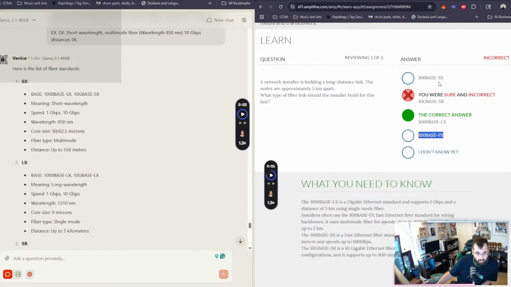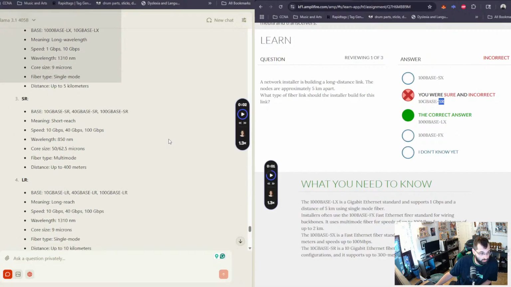So SX is multi-mode. SR is also multi-mode. The only one that's going to be single mode is LX, because LX means long reach.